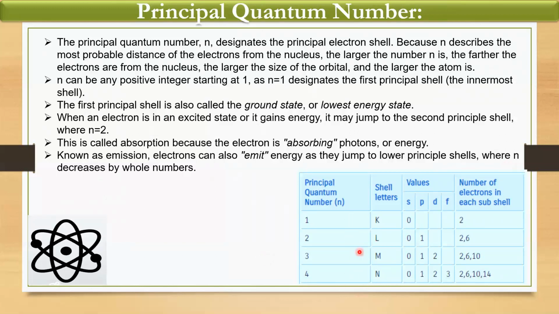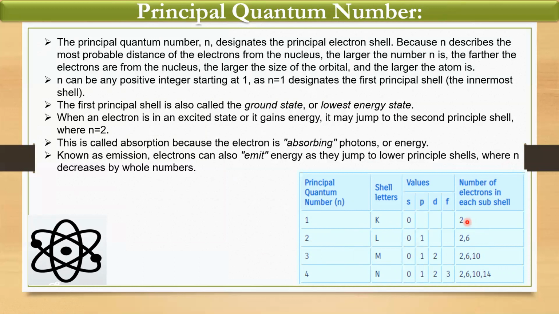As you can see in the table, when n equals 1 we have the K shell, and the number of electrons will be 2. Then n equals 2. How do we know this? That is due to Niels Bohr's structure of the atom. We came to know about 2n squared, which gives the number of electrons present in a particular shell.